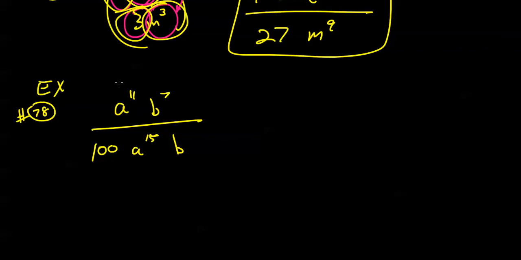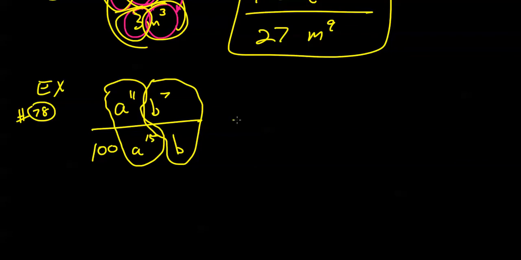Well, I think you get the idea. I can crunch these powers of a together and get a single residue expression for a in my denominator. Similarly, I've got powers of b here, which I can crunch together as one expression of b. The 100 doesn't cross-cancel with anything, so I'll leave a coefficient of 100 in my denominator.